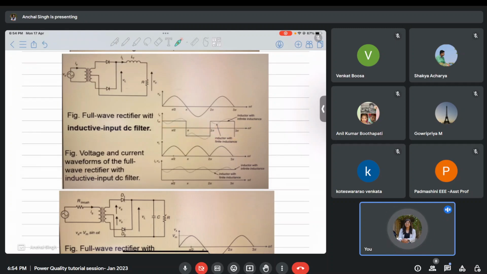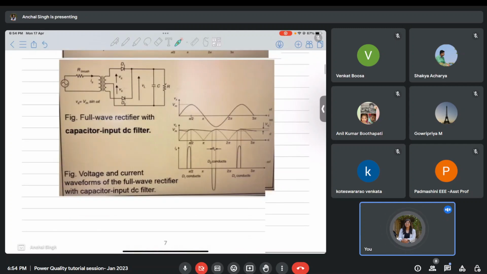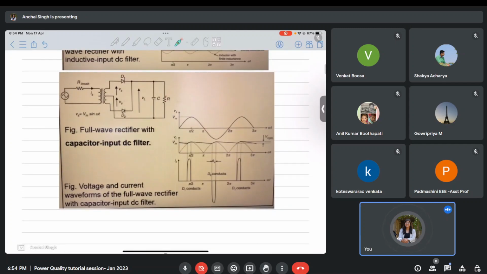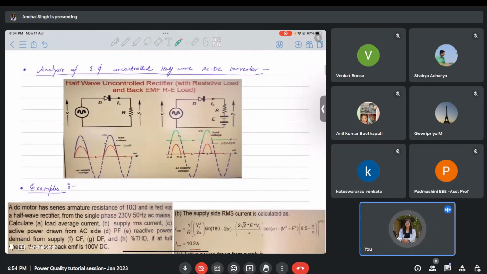So if you look at the pure DC, it looks like this. This happens due to the presence of the inductive filter. If you put just a capacitive filter, then the nature of output voltage would be something like this. Therefore, a lot of times you use a combination of L and C type of filter.